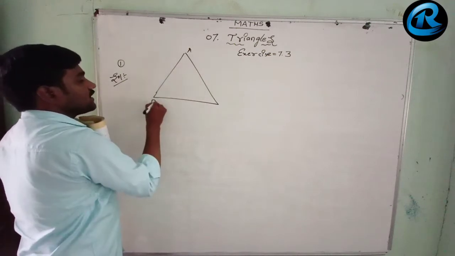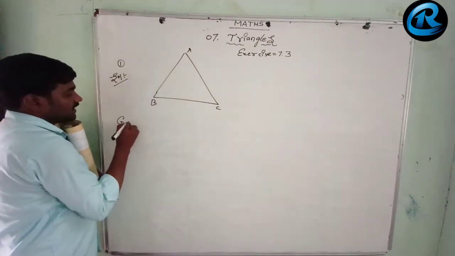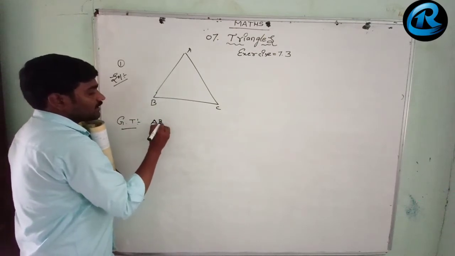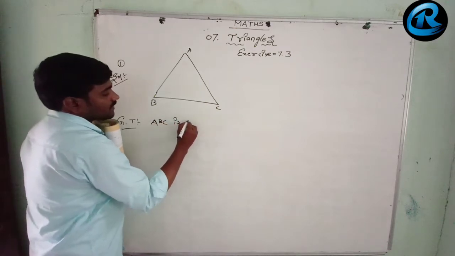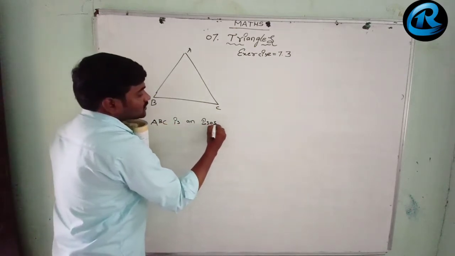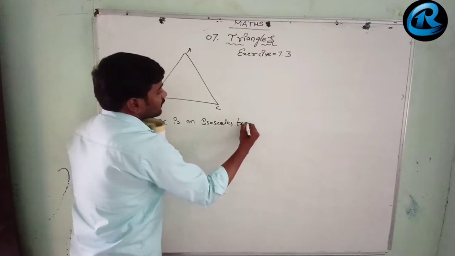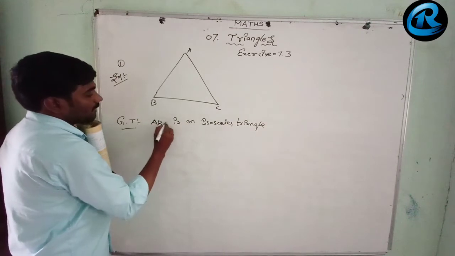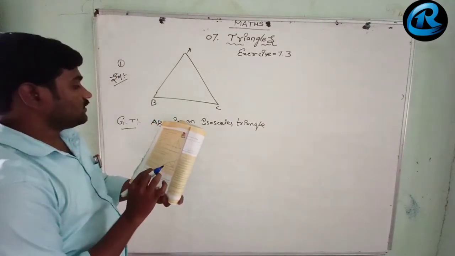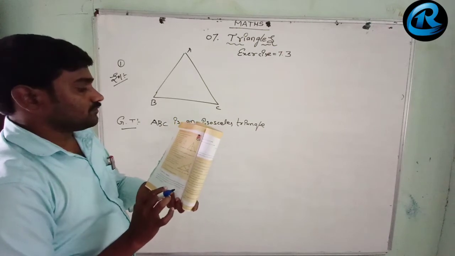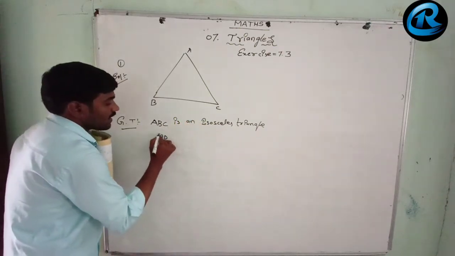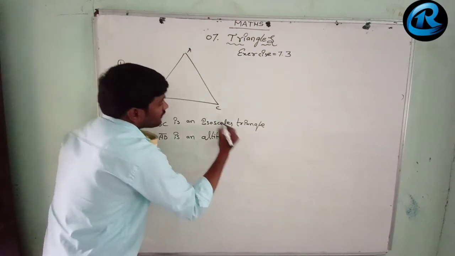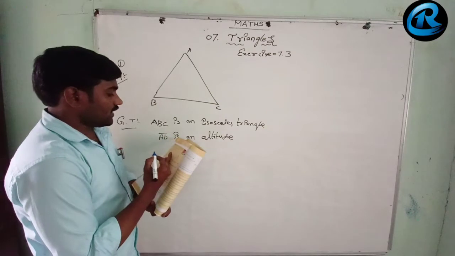Let us write here, given that triangle ABC is an isosceles triangle. In that, AD is an altitude.